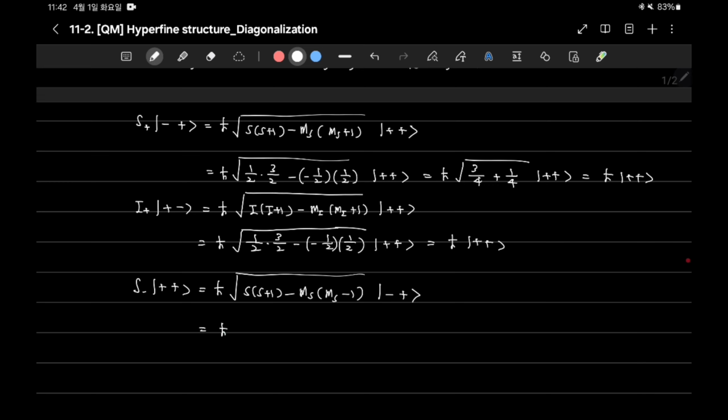Then it is h bar square root of 3/2 minus, because it is a spin up 1/2 and minus 1/2, and it is a minus plus. So it is also h bar minus plus. Likewise, i minus applied to minus plus is likewise h bar, and it is a lowering operator that makes the down spin state.